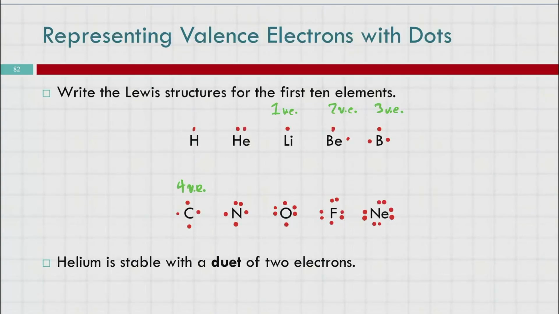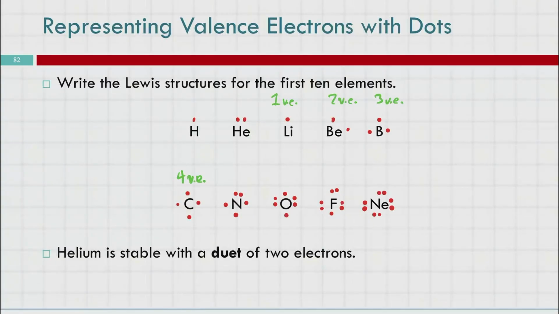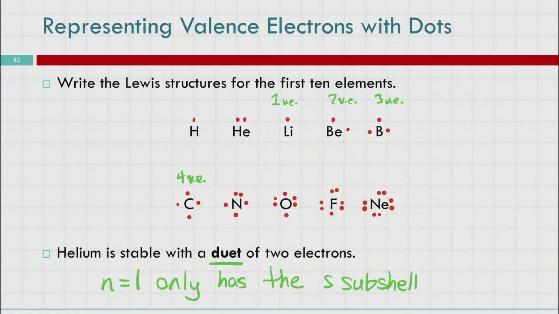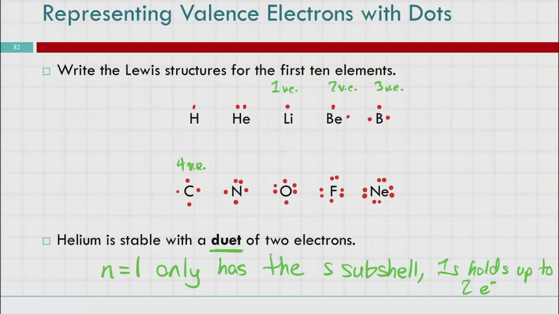Questions about how we're doing any of that? Again, helium here is stable with a duet of 2 electrons because the n equals 1 only has the s subshell. 1s holds up to 2 electrons. We don't have the p subshell to fill in to get up to 8.